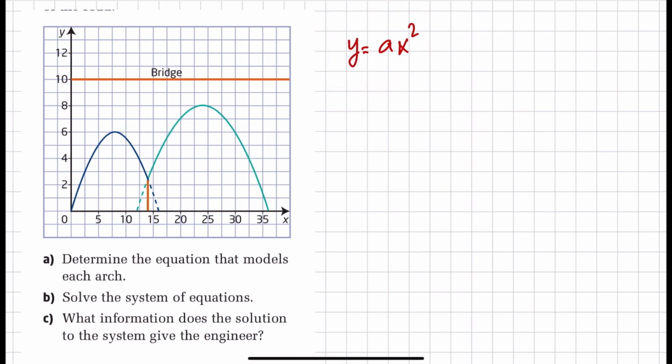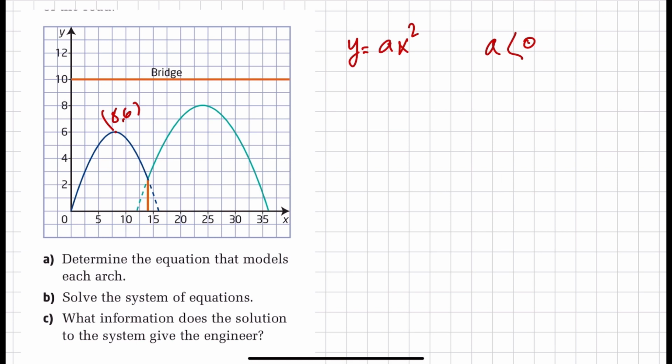From this equation, my first point is x is 8 and y is 6. The first information I got is my parabola is looking down, so I know my a should be negative.